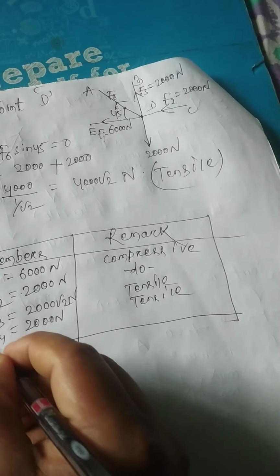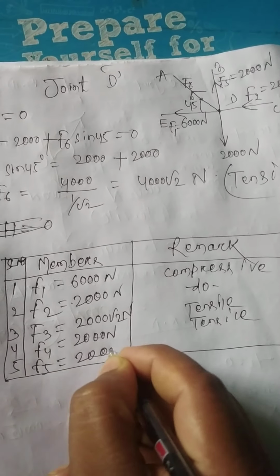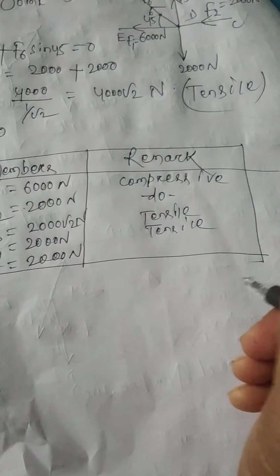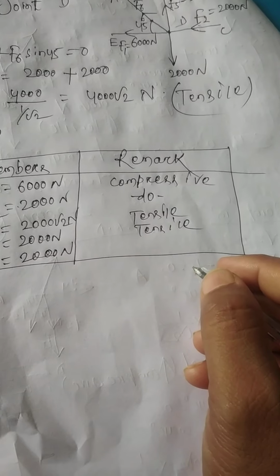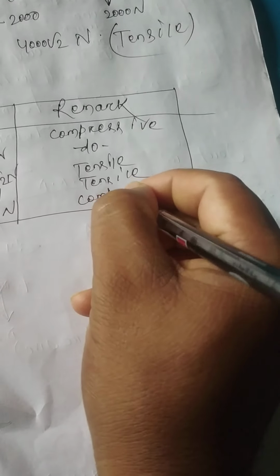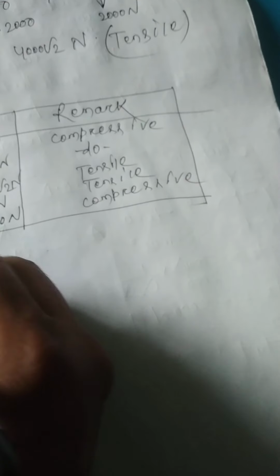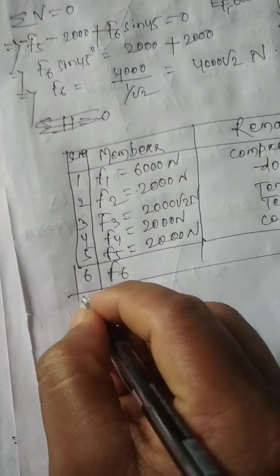Okay, then 5, F5. We got F5 is minus 2000, so we can write it here, and F5 is compressive. Okay, then 6, that is F6.